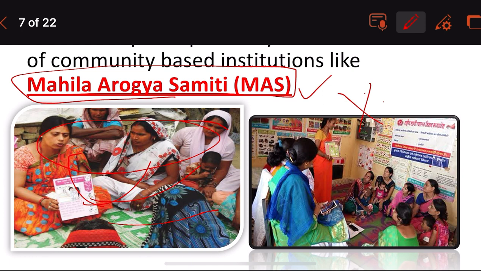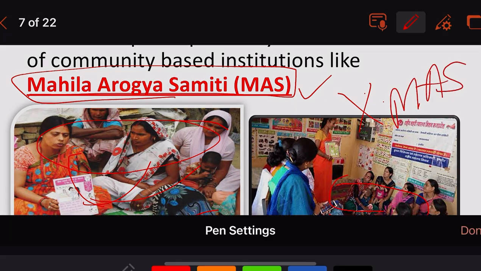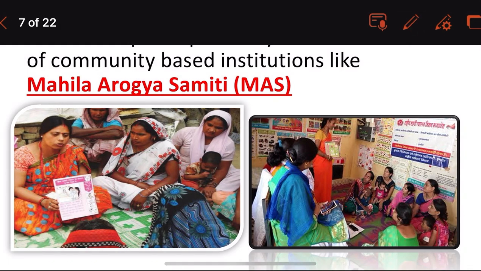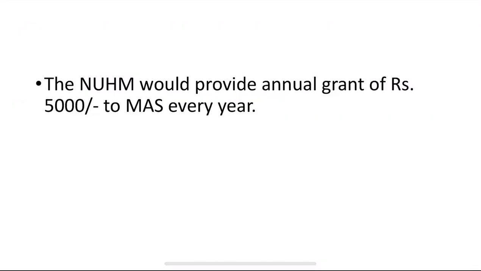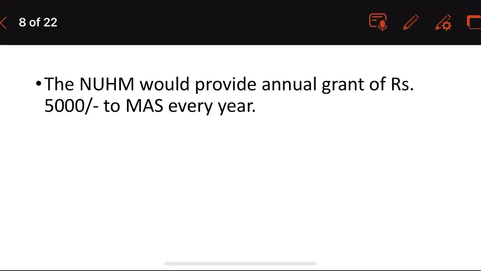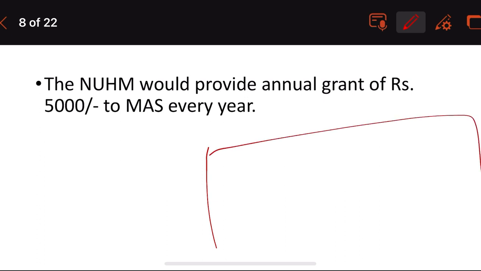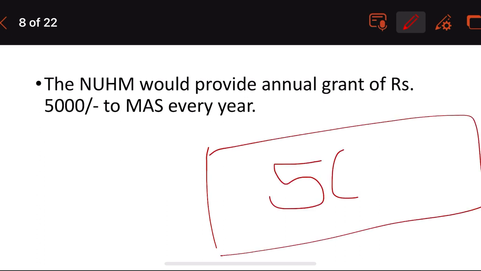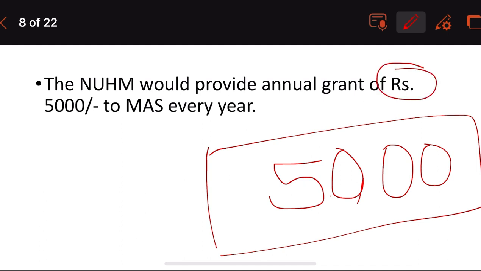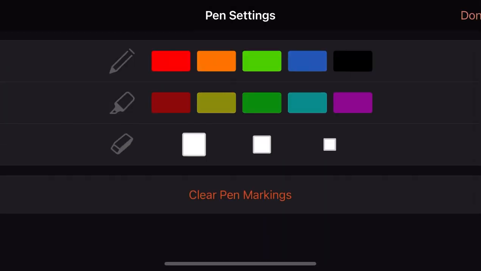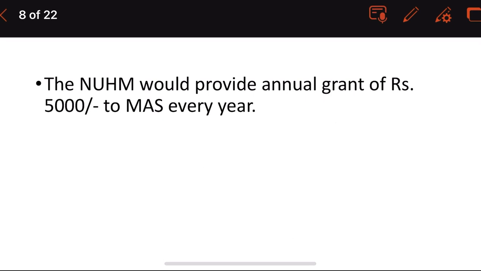Remember, they are also encouraging the formation of the Mahila Arogya Samiti through the community's participation. The National Urban Health Mission will provide an annual grant of rupees 5,000 to Mahila Arogya Samitis every year.